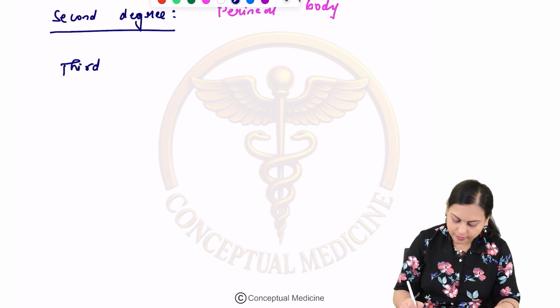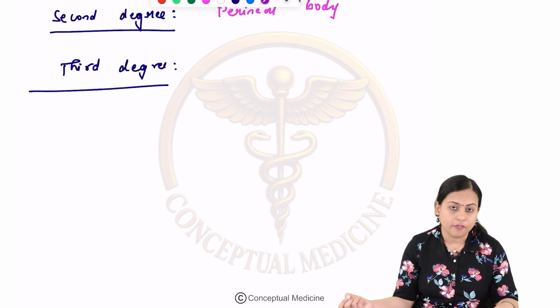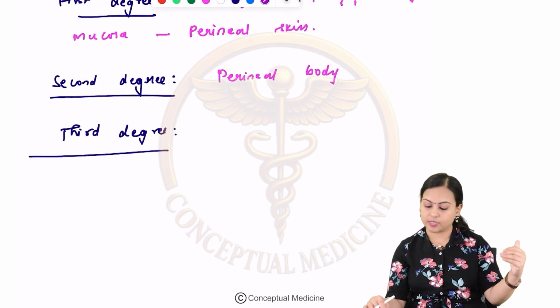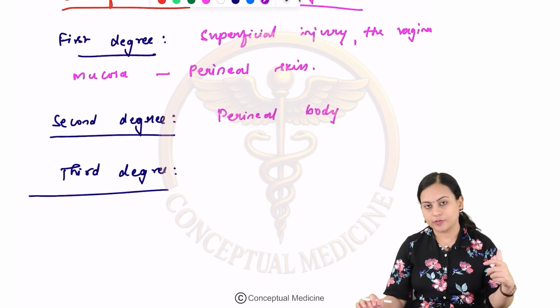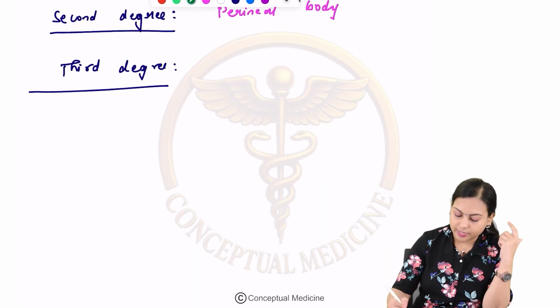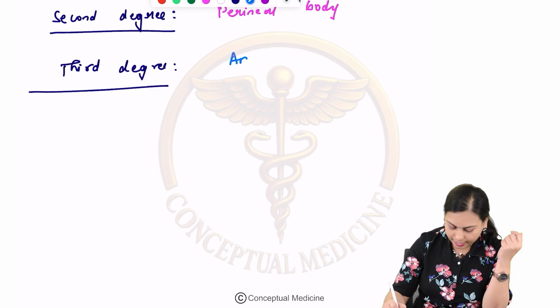And then third degree is when there is involvement of the vaginal mucosa, perineal skin, then the perineal body and the muscles. Now, there is involvement of the sphincters as well, especially the anal sphincters.